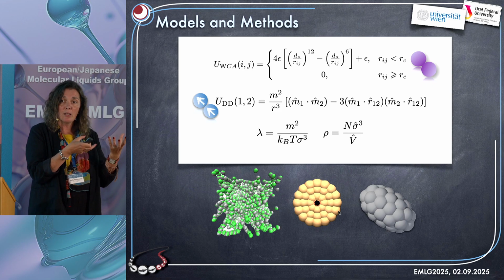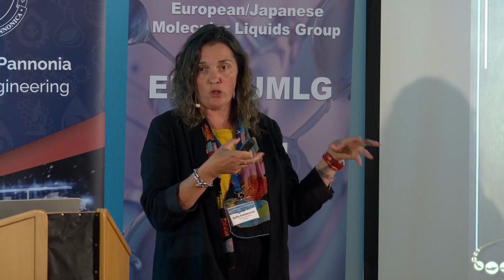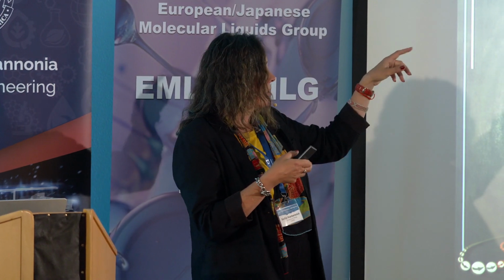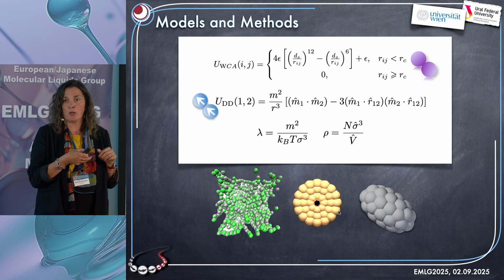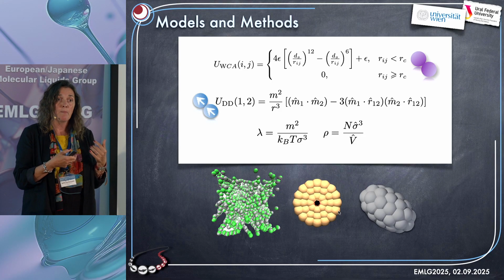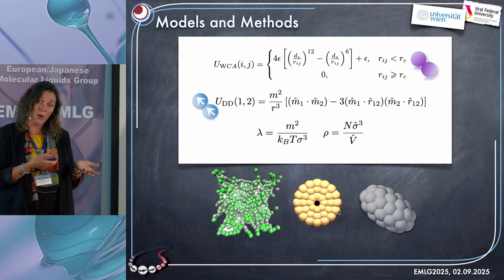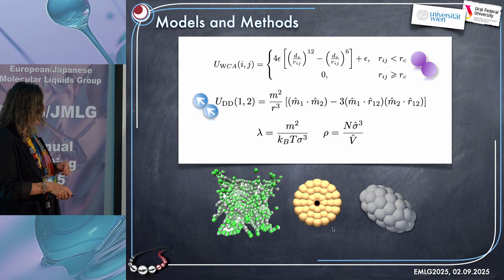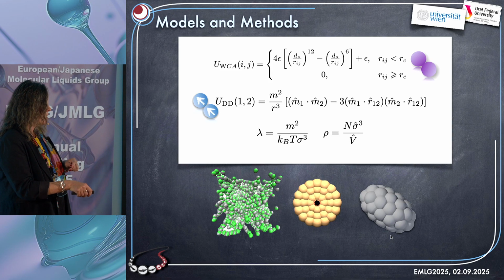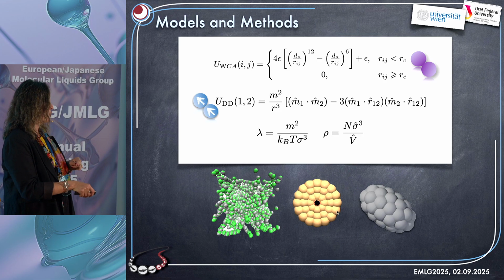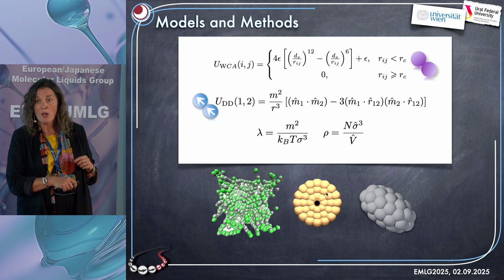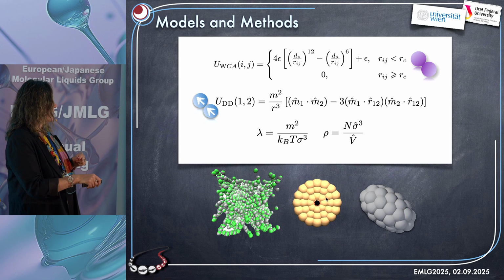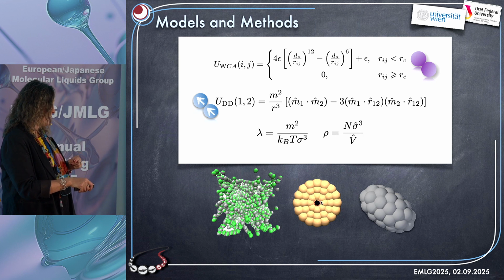Then you can plug in something that looks like the Weeks-Chandler-Anderson potential, but contains some more elaborate distance expressions. So in principle, you can do that, but there are very few shapes that can be described that way. So one of the basically simplest and cheapest approaches is to build your shape out of spherical particles. And then you rigidly bind them together so that they stay in this shape throughout your molecular dynamics simulations.